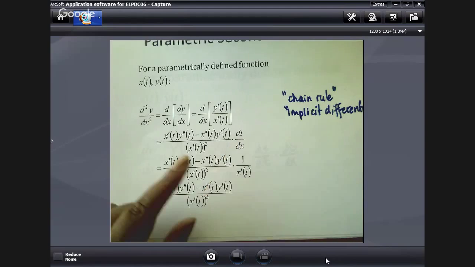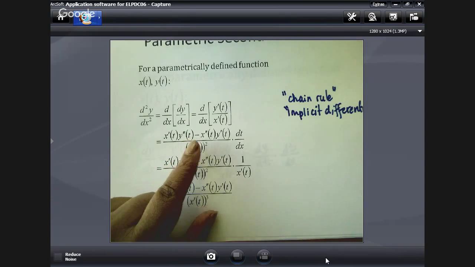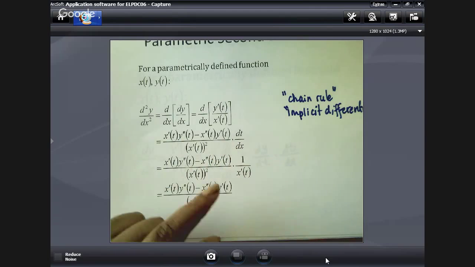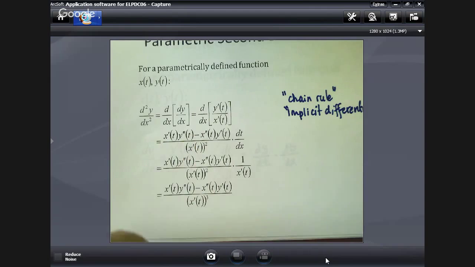In other words, this is the first derivative with respect to t, and to make it with respect to x, I need to multiply it by dt/dx. So dt/dx is the equivalent of taking the reciprocal of x prime of t. So in other words, the second derivative of a parametrically defined function almost looks like the quotient rule, except that down here at the bottom you have x prime of t cubed instead of x prime of t squared.